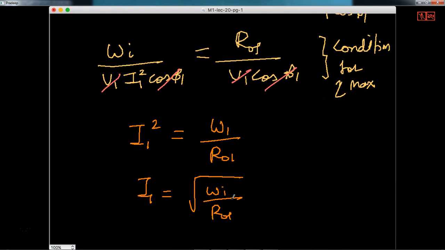So this is one thing. Or this also implies I1 square R naught 1 equal to Wi. So this is nothing but copper losses.